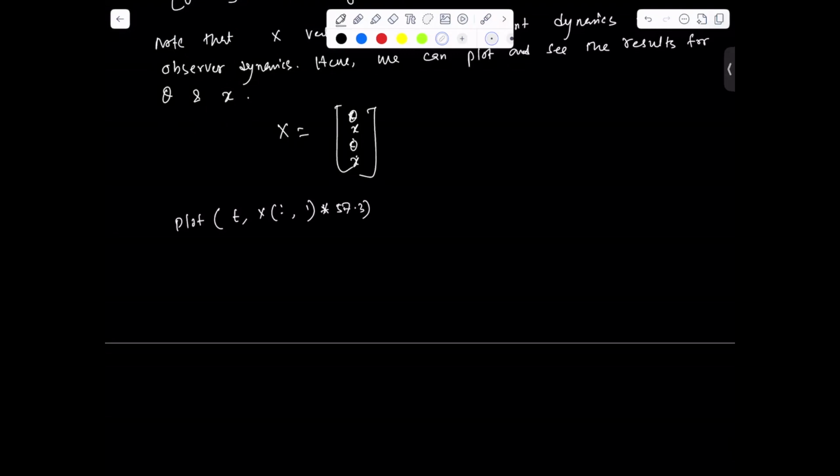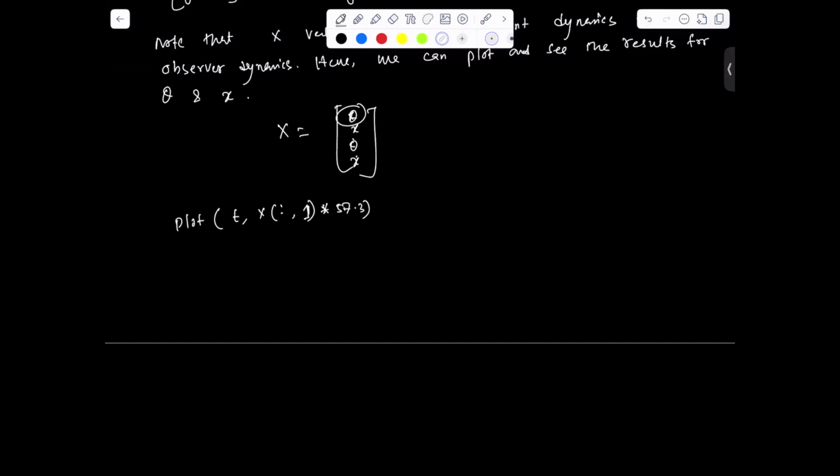Why? Because we are looking at the first term of the x vector, that is 1, and we are multiplying by 57.3 because we want to see the result in degrees.